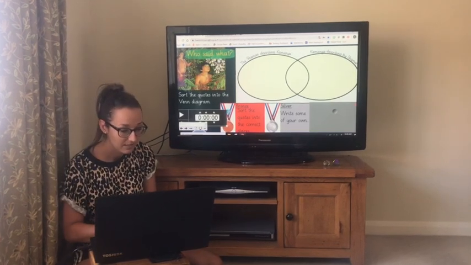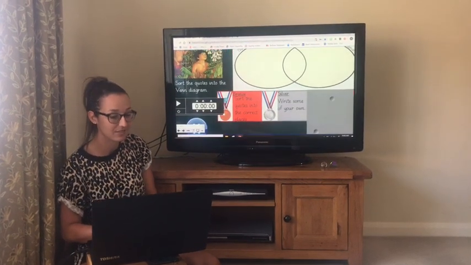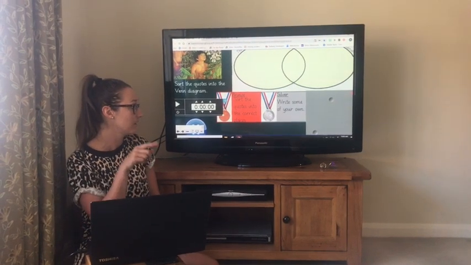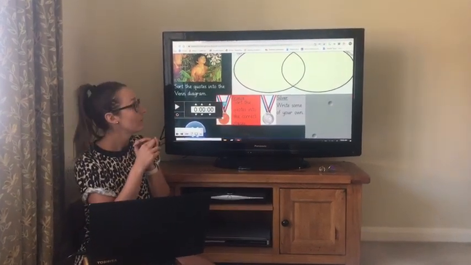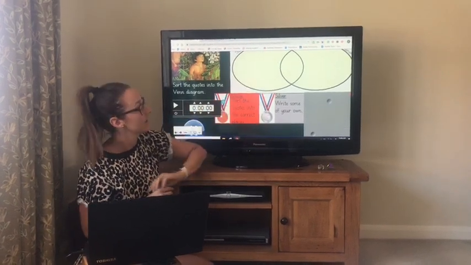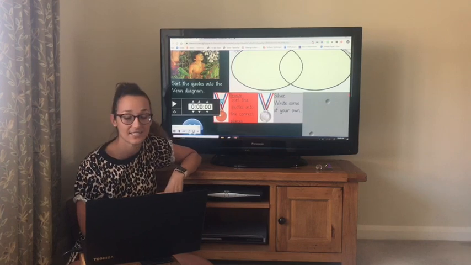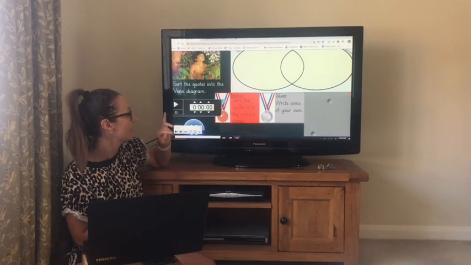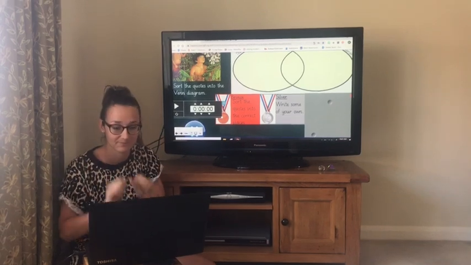So the first thing you need to do for bronze is sort the quotes into the correct places. You need to cut them out and place them. When you're happy with your answers, you're going to stick them in the Venn diagram that's also on the website. And for silver, I'd like you to have a go at writing some of your own. Okay, so I'm going to leave that on the screen. Pause me now.